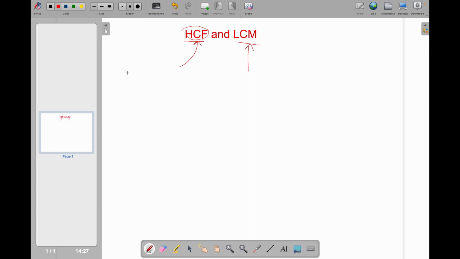HCF stands for highest common factor, and LCM stands for lowest common multiple. Oh, sorry, not factor here, it's a multiple.